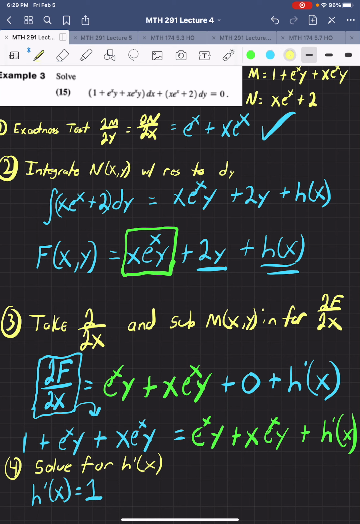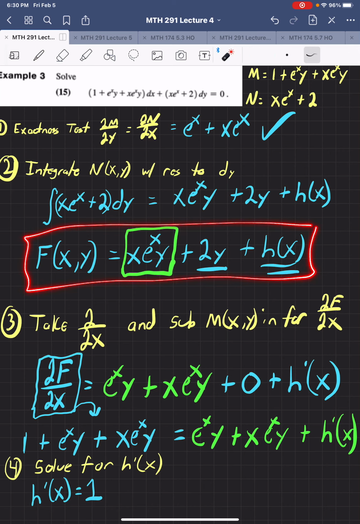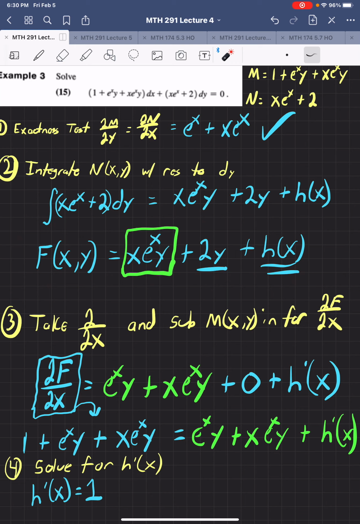Okay, now remember, let's go back here. This is the setup for the solution. The real thing that we are missing here is h of x. Right now we have h prime of x, but we need h of x.